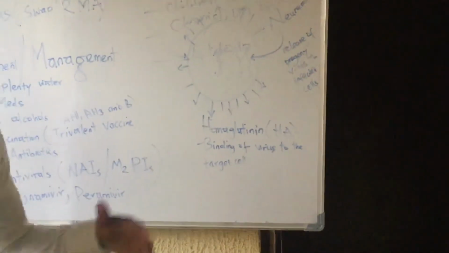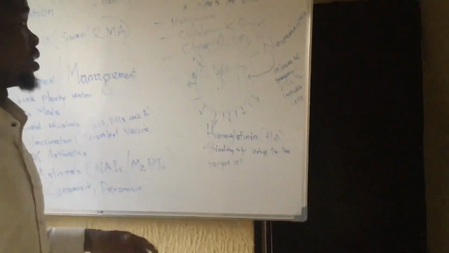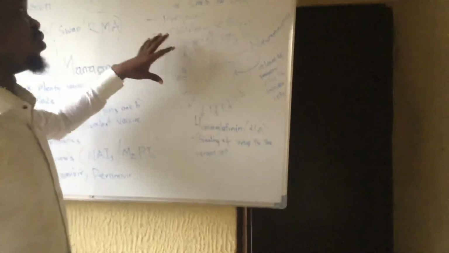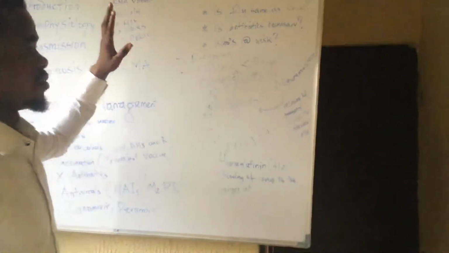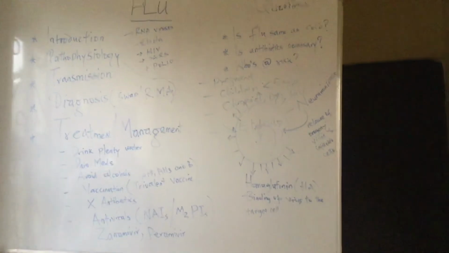These are people with a decreased or immunocompromised immune system. They are at risk for this condition, and they should be very, very serious about it.